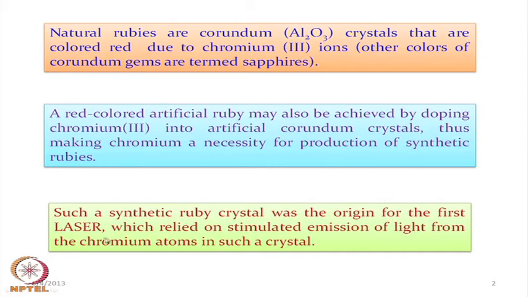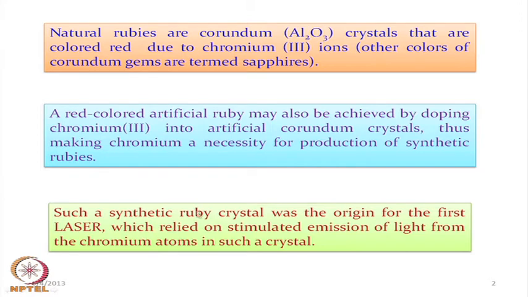So, this laser is basically dependent on the ruby crystals, and these are known as ruby lasers, and it is dependent on the stimulated emission. This S is stimulated: the stimulated emission of light from the chromium atoms in such a crystal when chromium is trapped within the corundum lattice, and this chromium is responsible for its red coloration due to the typical crystal field exerted on the chromium center in its +3 oxidation state.